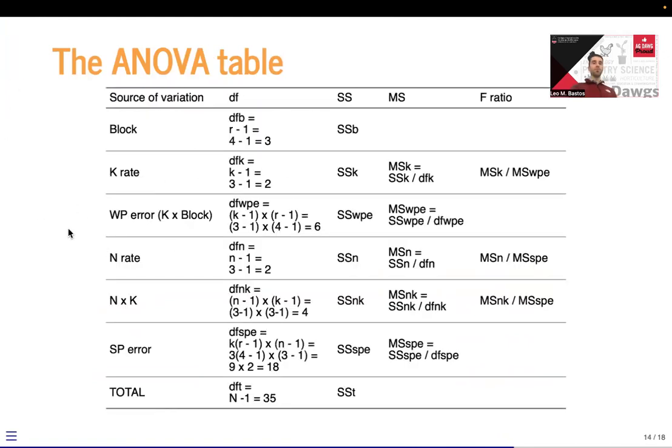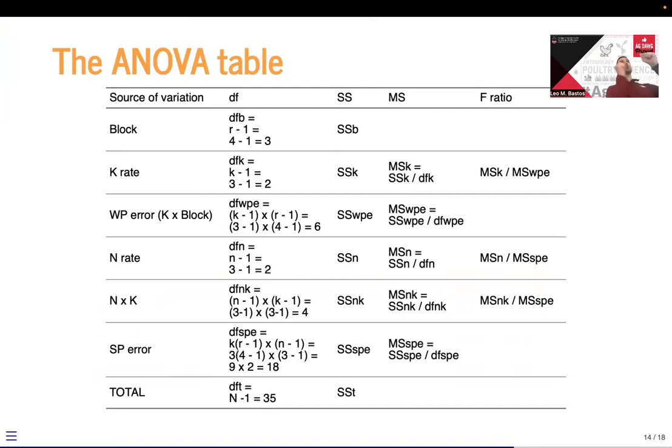The whole plot error is looking at the variability of potassium rate levels within the block, that residual variability, which in this case is explained by the interaction between potassium and block. And the split plot error is going to be everything else that's not explained by that, or the remaining fixed effect components of your model, right?